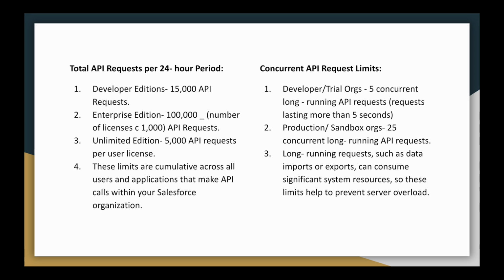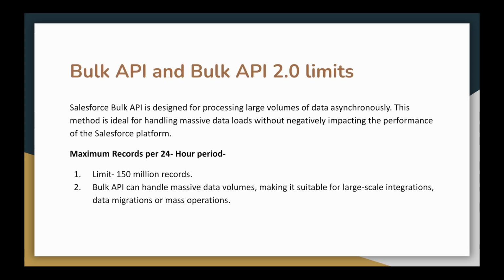Okay, let's move on. Next, we have Bulk API and Bulk API 2.0 limits. We perform operations in bulk as well, using Bulk API, which is designed for processing large volumes of data asynchronously. Suppose we want to import bulk data, but we don't want it synchronously, we want it asynchronously.